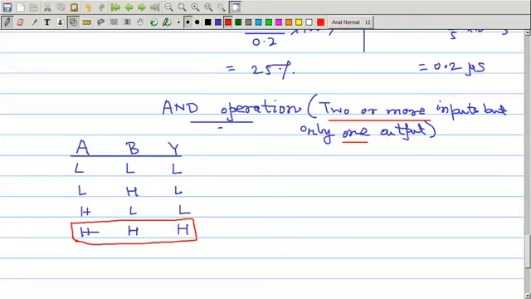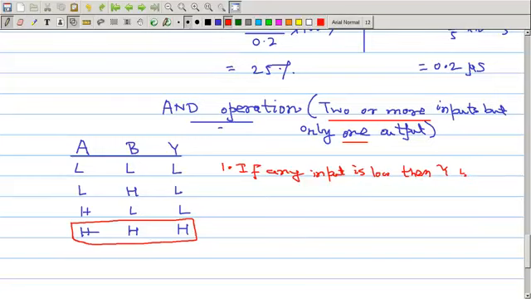Now let me write a few observations of this AND circuit. If any input is low, then Y will be low. This is a very important observation, just a recapitulation. I hope you know all this, but it's needed for our regular discussion. If any input is low, then capital Y is low.